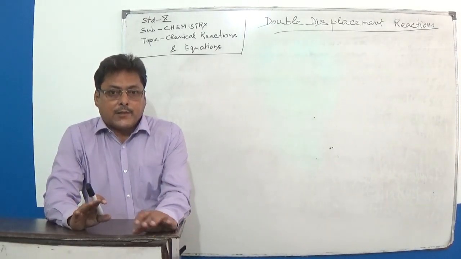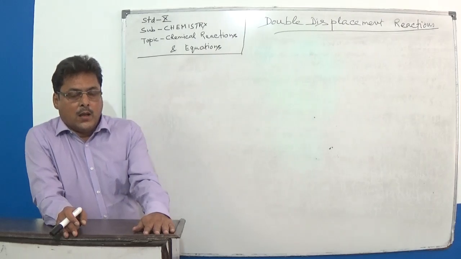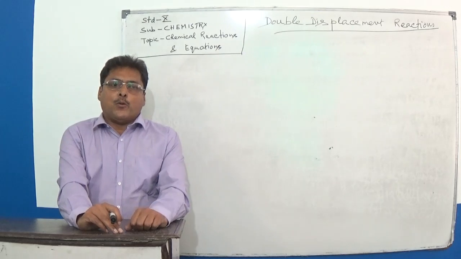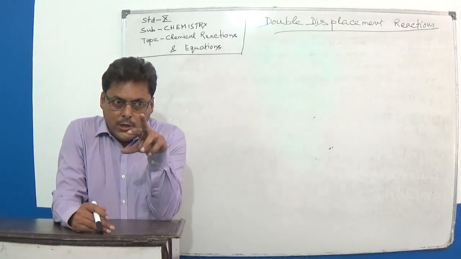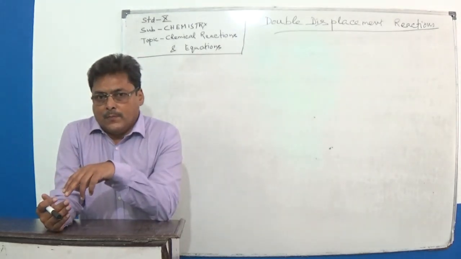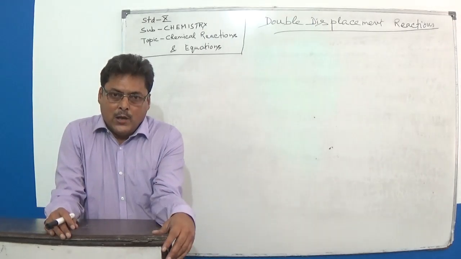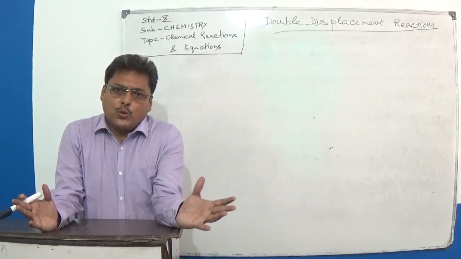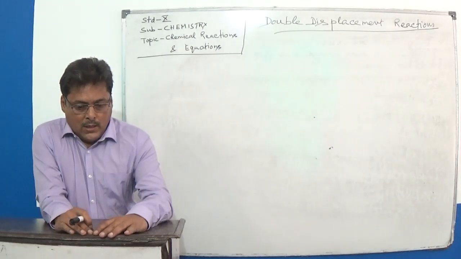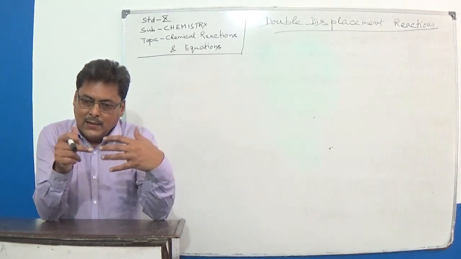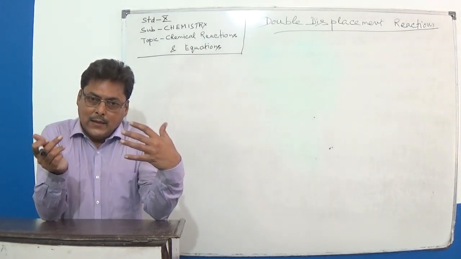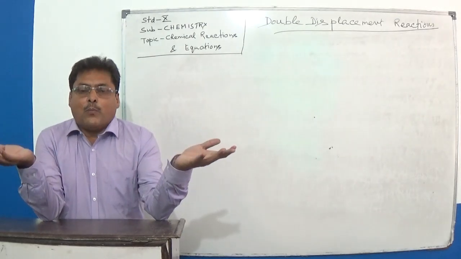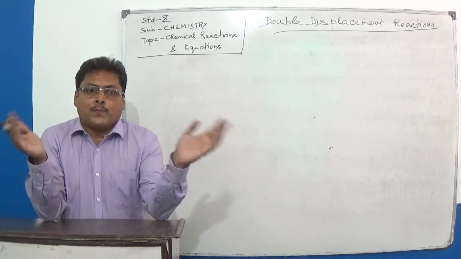Now the double displacement reactions, where when you are mixing or reacting two compounds, two different atoms of different elements, or maybe groups of atoms, exchange each other, replacing each other in their previous compound, the other component of the compound.